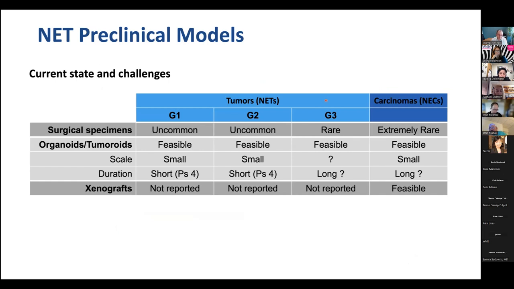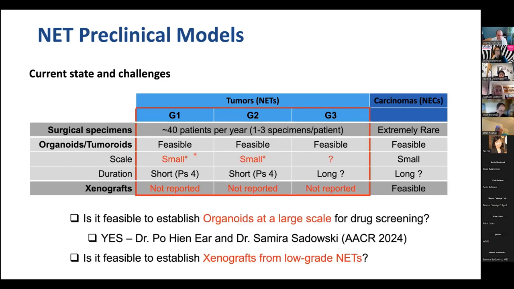So when I came, this was kind of the status, and I really wanted to work with human patient samples. This is what we identified as challenges: we couldn't do large-scale organoids from G1 and G2.